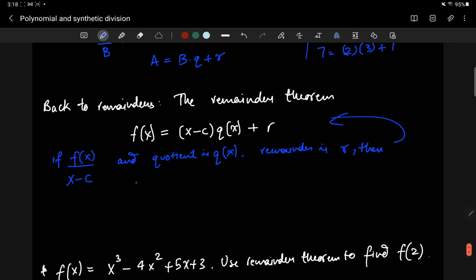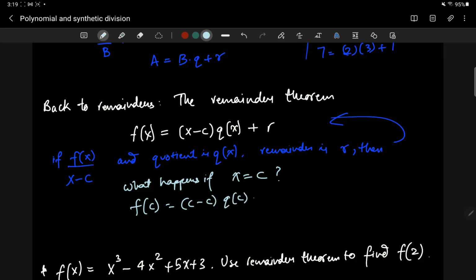But let's see what happens if x equals c, which means f of c becomes c minus c times q of c plus r, but c minus c is 0, so this is just r.